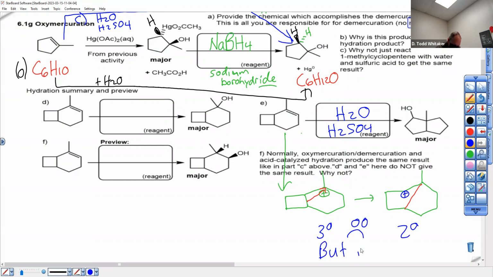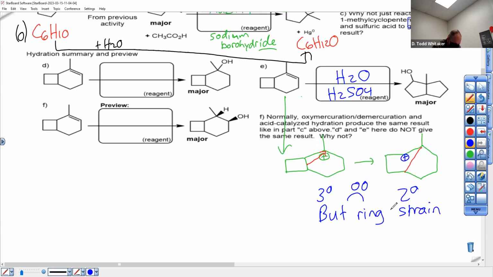Ring strain was drastically reduced. That's more important than secondary versus tertiary.